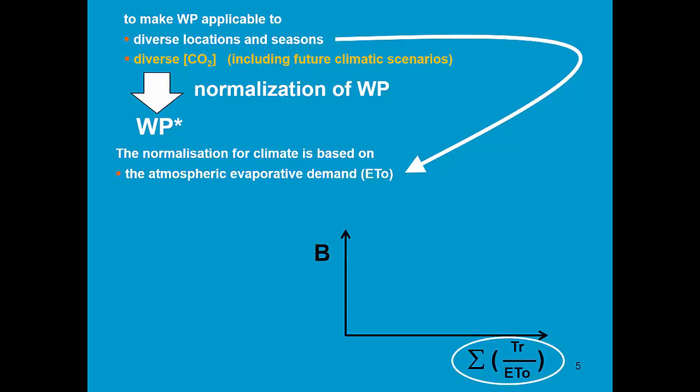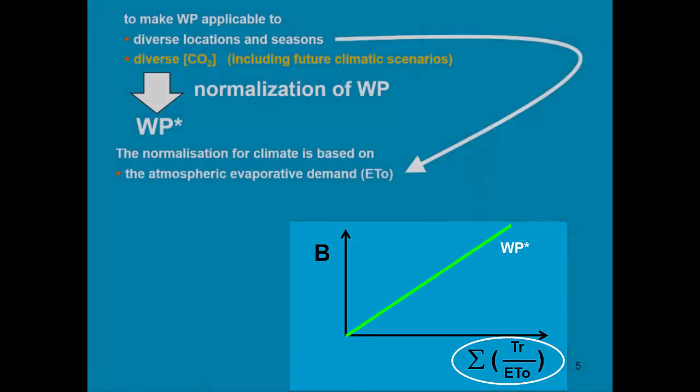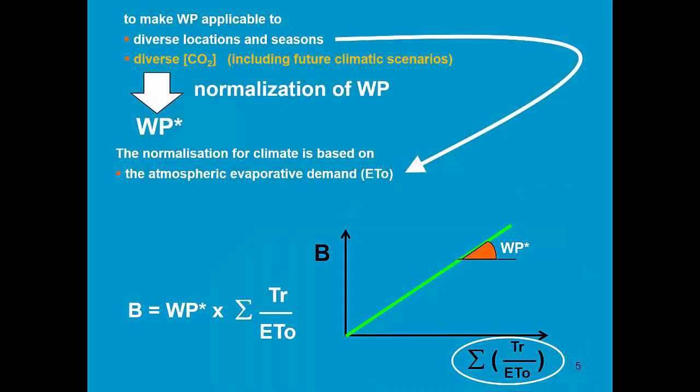Instead of plotting B versus the sum of transpiration, we plot now B versus the sum of transpiration divided by the daily ET0. And the new slope of the line is now the normalized water productivity.